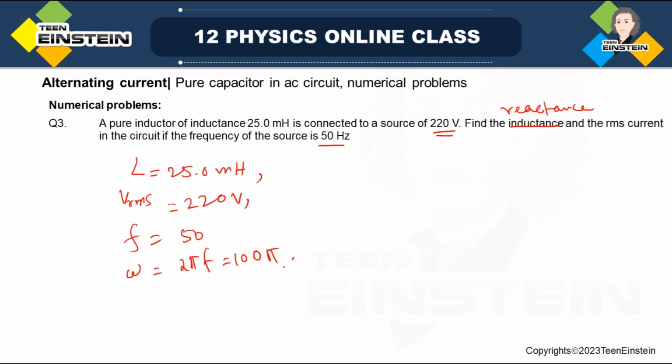You have to first find out what is omega L or XL. XL means omega L, the inductive reactance, omega into L. Omega is 100 pi into L. L is actually 25 millihenry, which means 25 into 10 to the power minus 3 henry. Sorry, henry, not hertz.